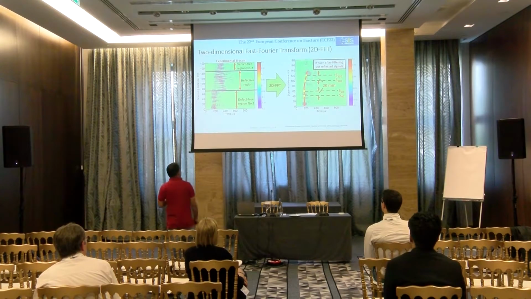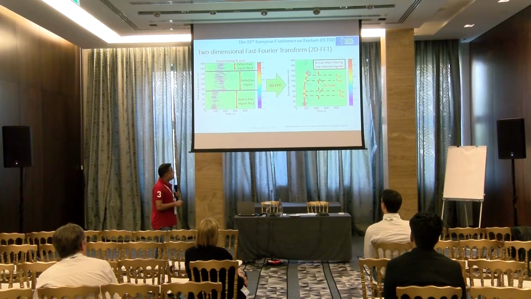Then we applied the two-dimensional fast Fourier transform to filter out the reflected waves from our B scan. So this was our experimental B scan. We see the reflected waves are filtered out after the two-dimensional fast Fourier transform. Then what we do, we selected at least 2 points at a fixed distance.